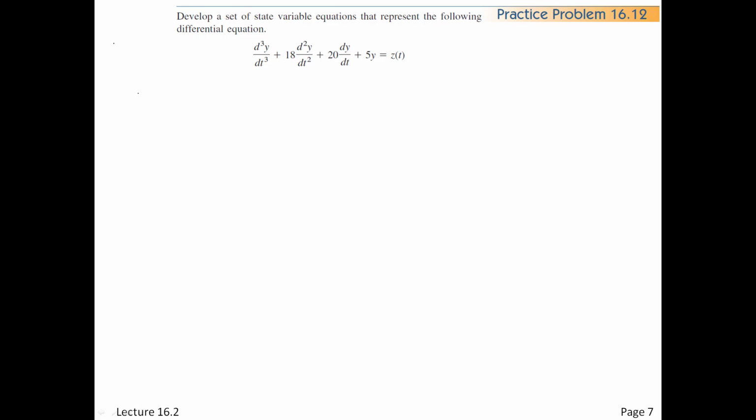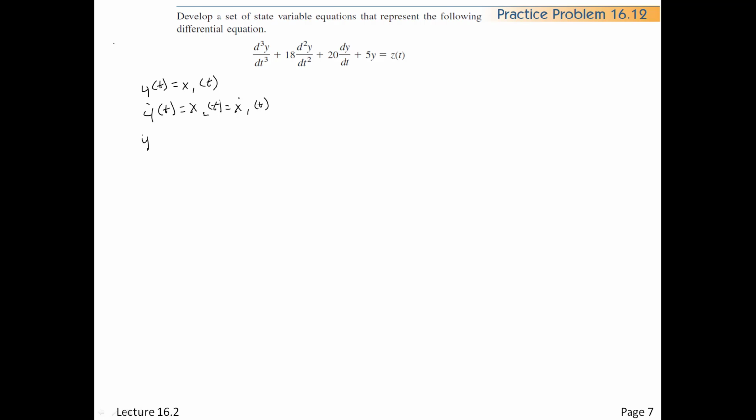I'm just going to make this statement: y of t is x1 of t, so that's going to be one of our state variables. Then y prime, I'm going to call x2 of t, is equal to x1 dot of t. So we're beginning to see our state variables are now going to be x1, x2, and x3, the various derivatives of y.